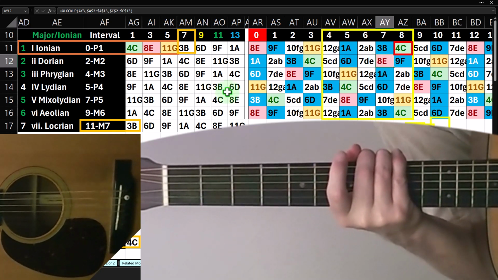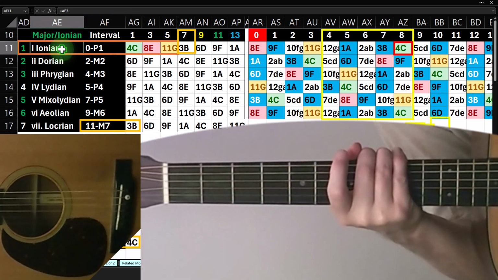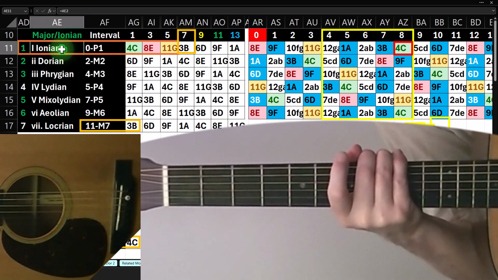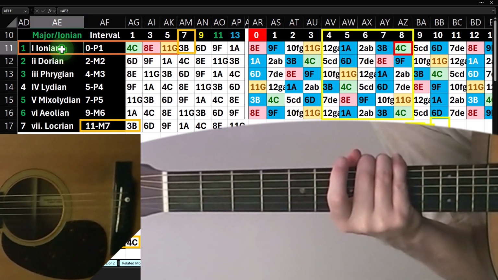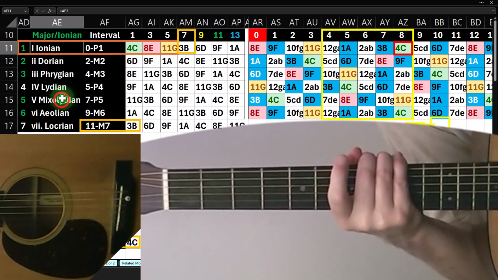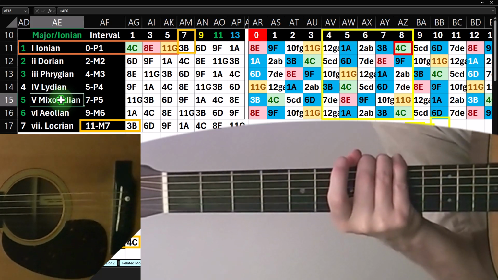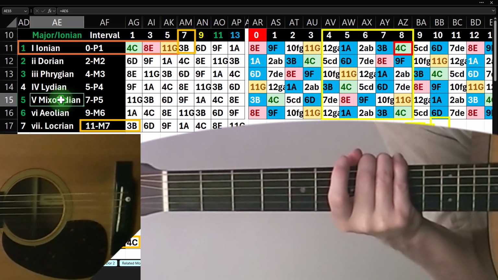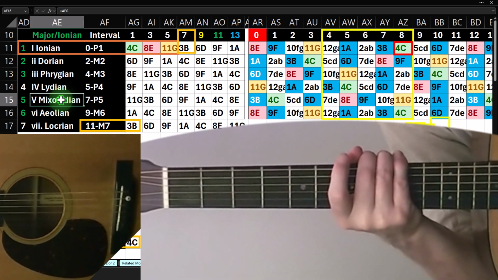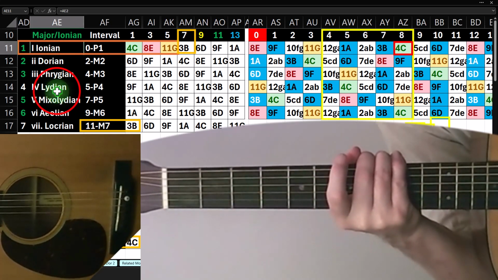So usually we start with learning the majors and then compare all the other modes to it. Right now we're looking at the Mixolydian mode. Whenever we're looking at these major modes, it's useful to look at them together. If I want to play all the major chords in the key of a major scale, that would be the 1, 4, 5.